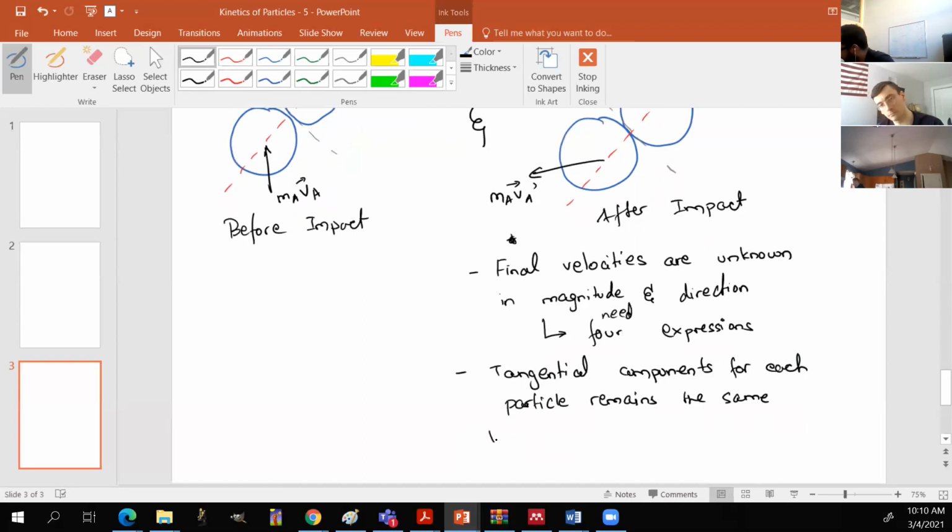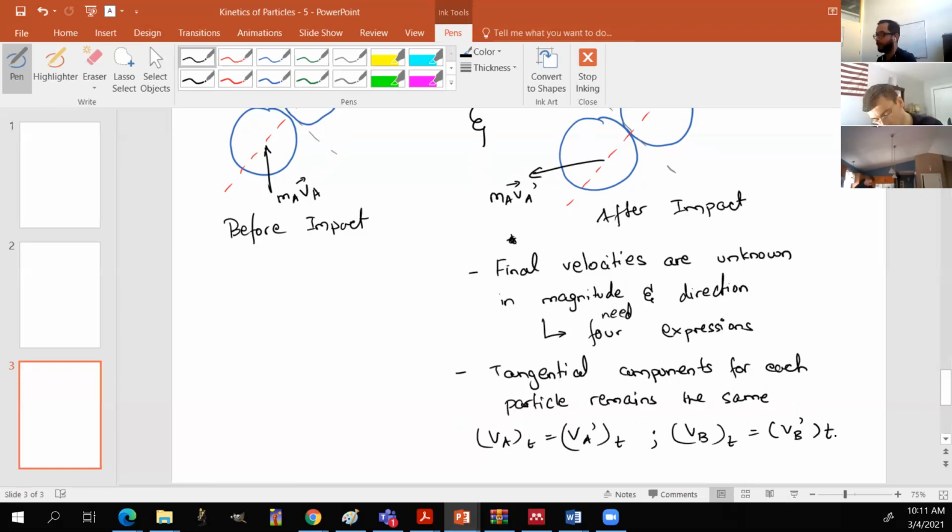You get that VA in your tangential direction is equal to VA prime in your tangential direction. And similarly, VB in your tangential direction is equal to VB prime in your tangential direction. All right, so that gives you 2 expressions. We need 2 more.